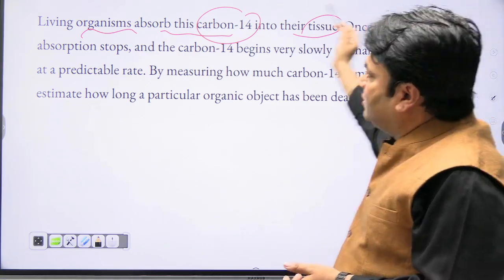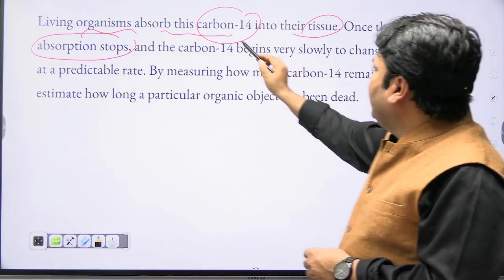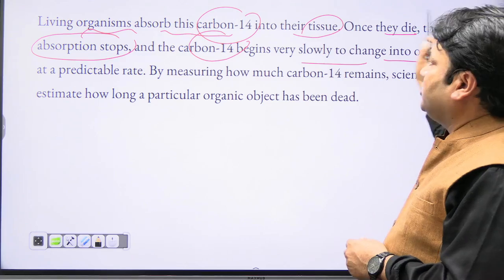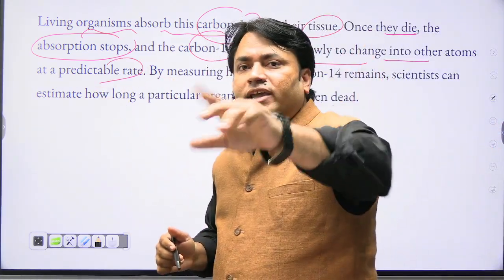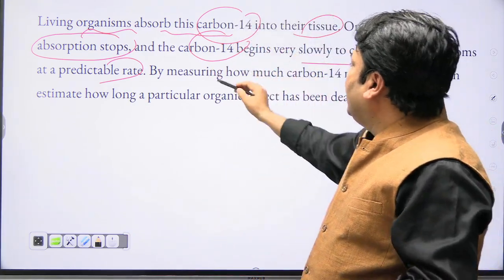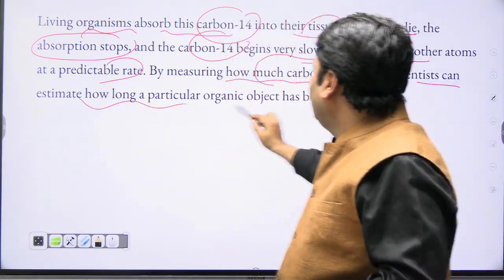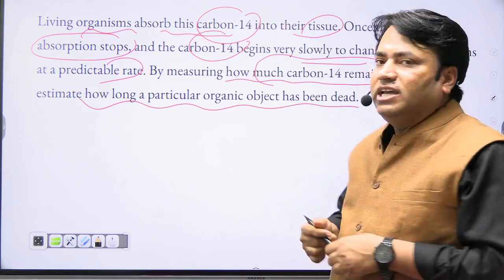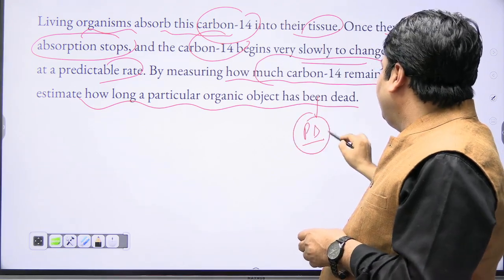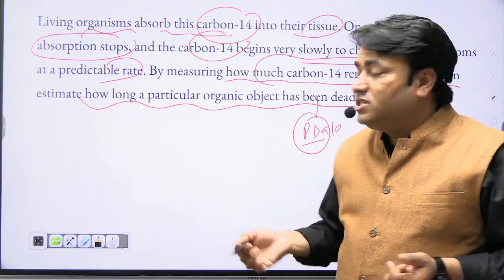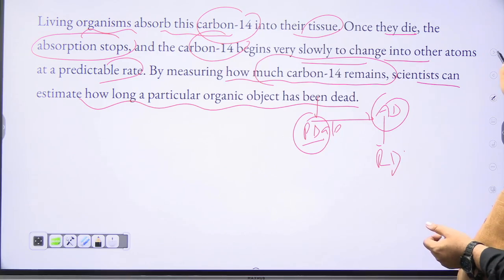Once they die, this absorption stops, and the carbon 14 begins very slowly to change into other atoms at a predictable rate. That is the law of decay of radioactive elements, and by measuring how much carbon 14 remains, scientists can estimate how long a particular organic object has been dead, and in this way a precise date is found. So this is an absolute dating method, also known as radiocarbon dating.